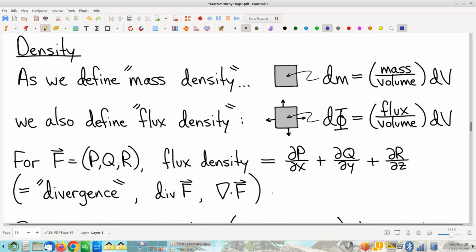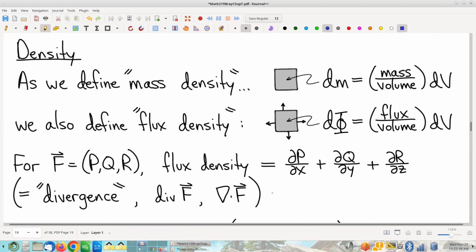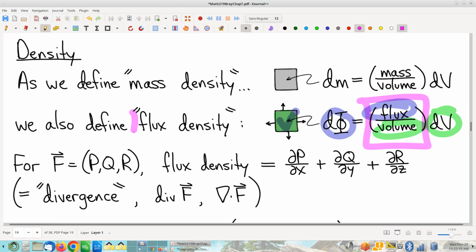And as such, it makes sense to talk about how much of that stuff is there on any given little region, and that is per unit size, in this case volume, of that region, and as such we get an associated density.